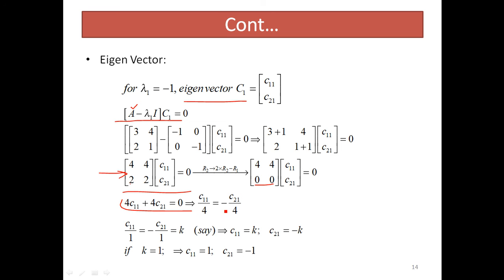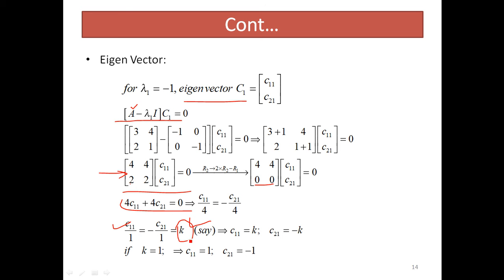By the concept, 4C11 equal to minus 4C21, or C11 over 4 equal to minus C21 over 4. 4 can be taken as common, so C11 over 1 equal to minus C21 over 1 equal to, if we are considering a constant quantity k, then it would be equal to k, as we are doing in the case of calculation of the eigenvectors.